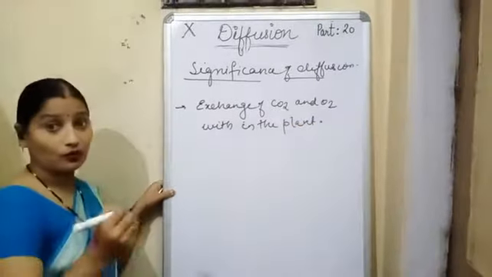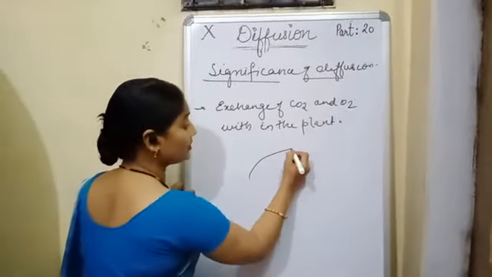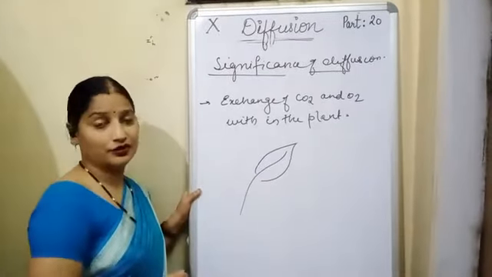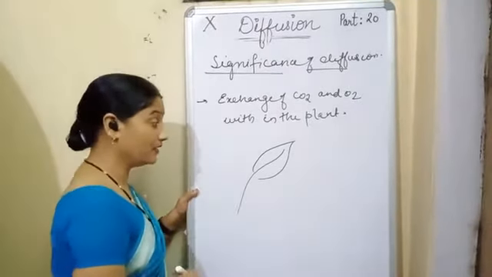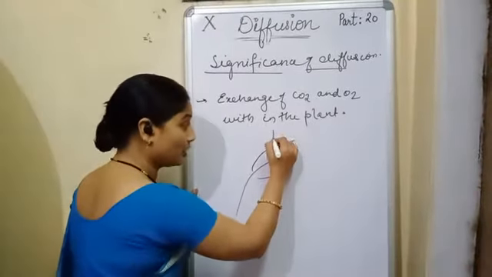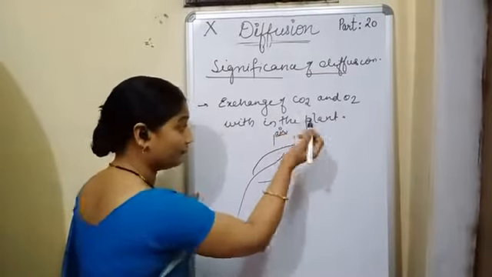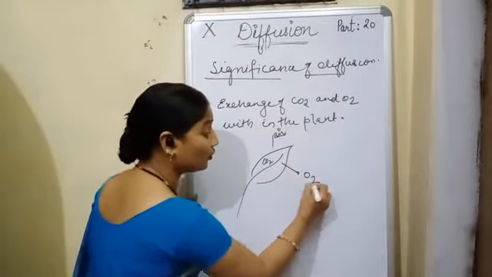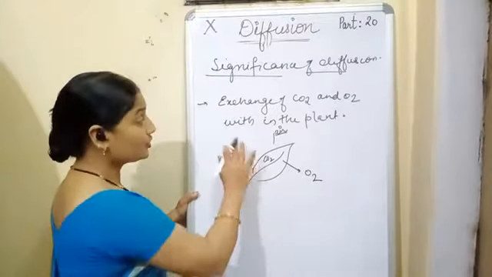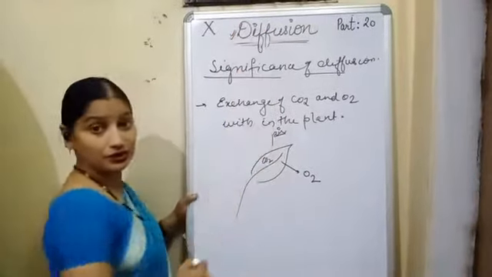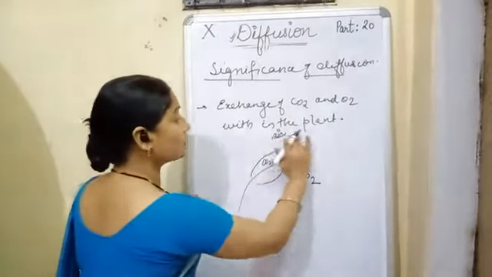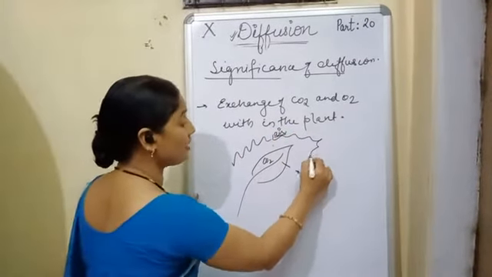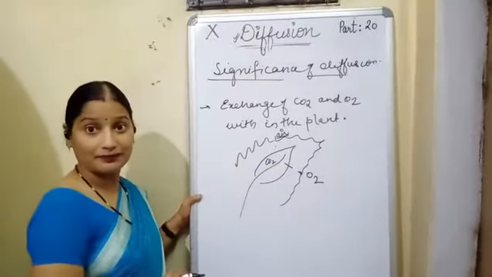Now see, what I mean to say is, suppose this is a leaf. We all know that a leaf always undergoes the process of photosynthesis. It prepares its own food by absorbing air, and from the air it will take CO2 and give out O2. It happens because of the process of diffusion. Outside the leaf, the pressure of the air is much more than inside the leaf.